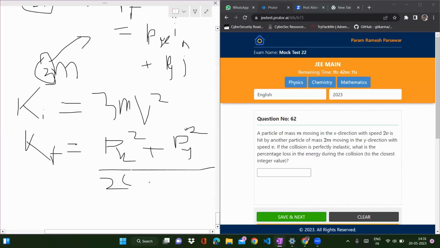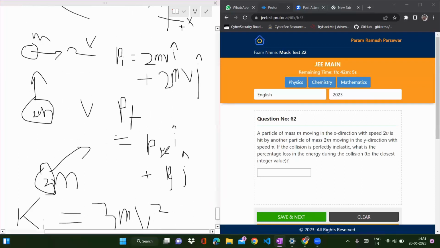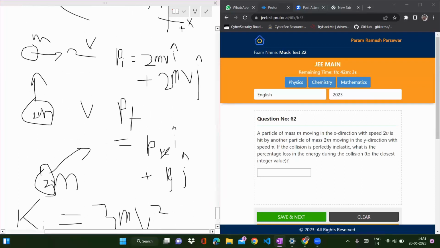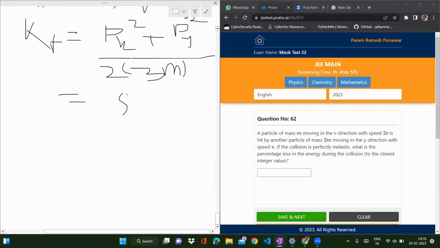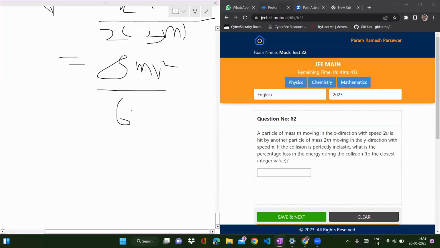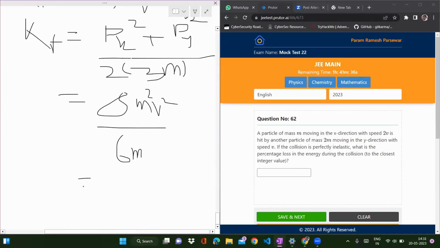The mass here is 3m, so 2 into 3m will be 6m. And Px square plus Py square is 2 times 2mv whole square, which is nothing but 8mv square. So 8mv square by 6m will be 4 by 3 mv square.